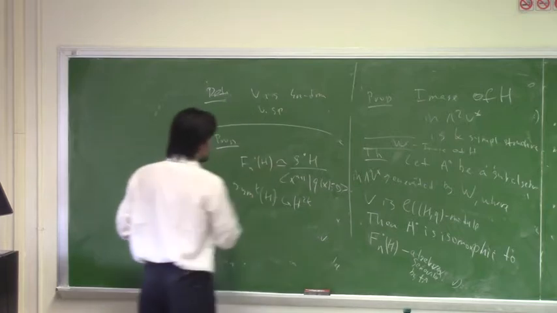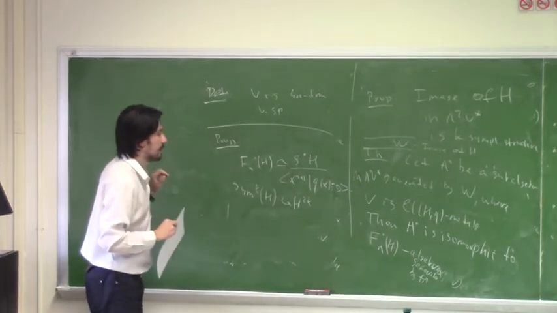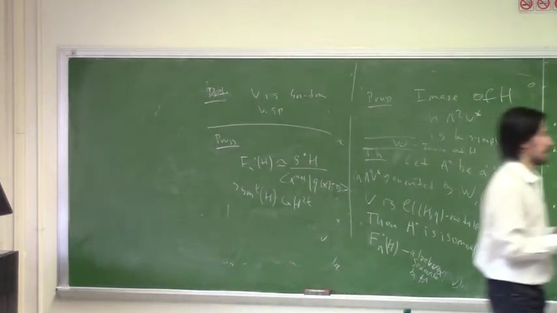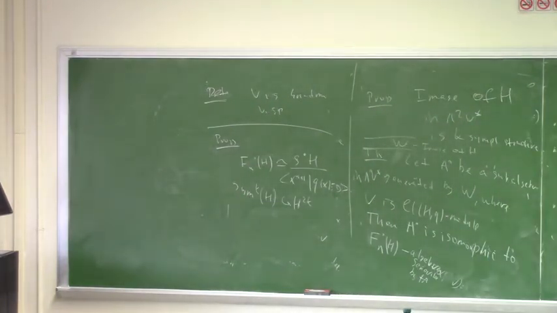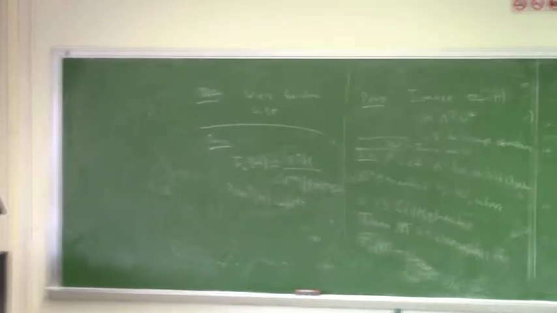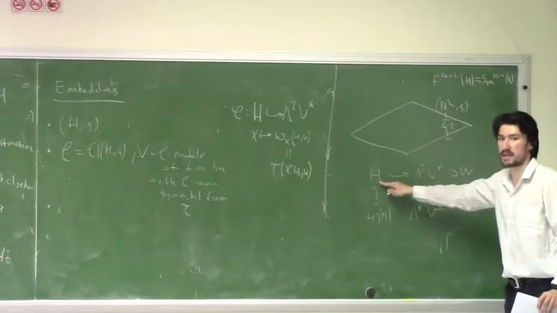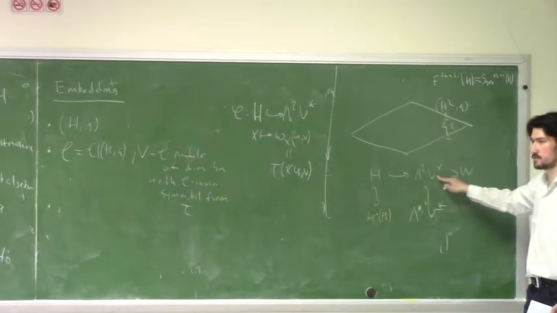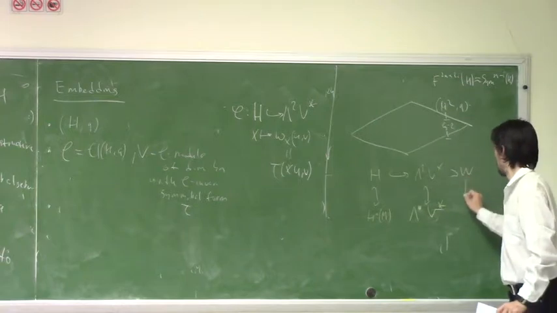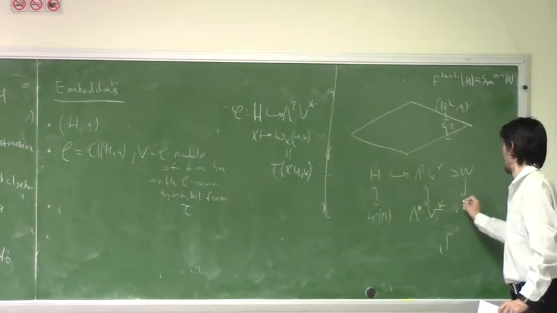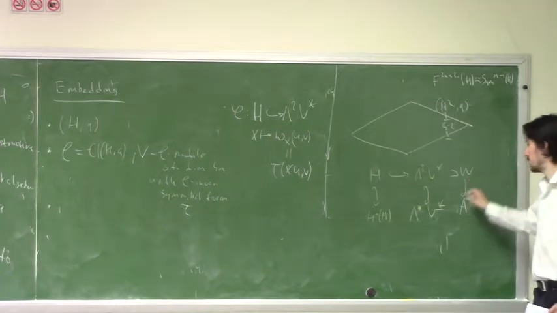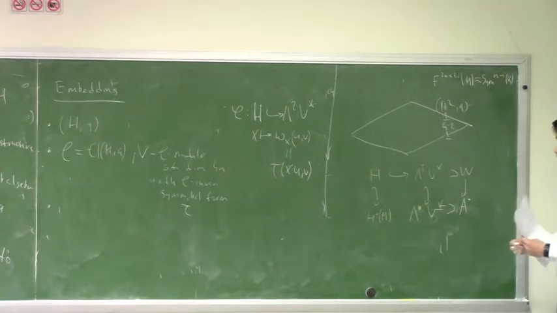It was proved by Verbitsky, and this one by Bogomolov. But anyway, the important thing is this W, which is the image of the second homology in lambda 2 of V star, where V is a Clifford model, and we have A bullet, which is generated by W, and it's here.